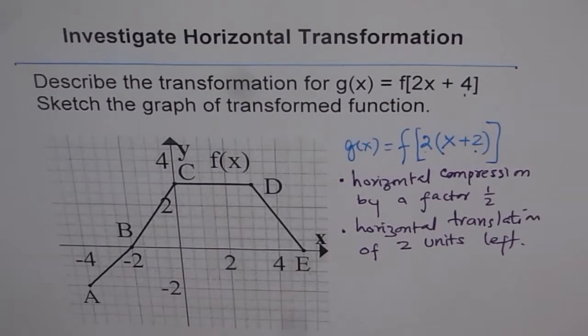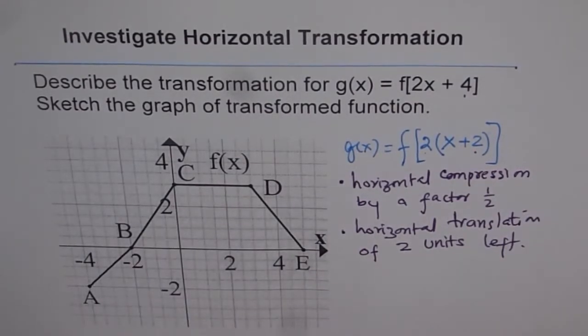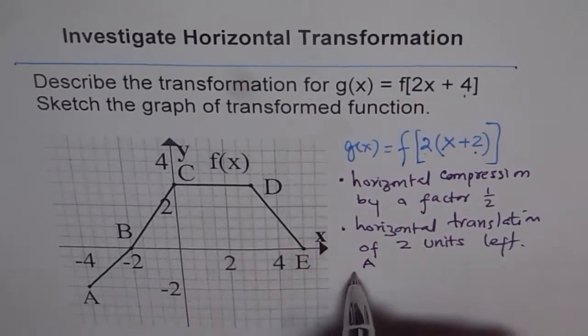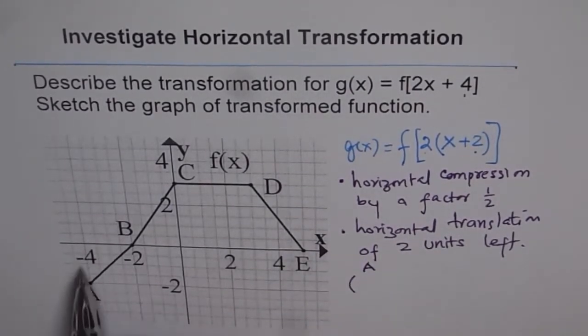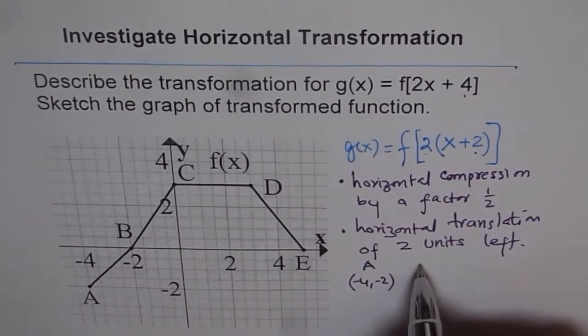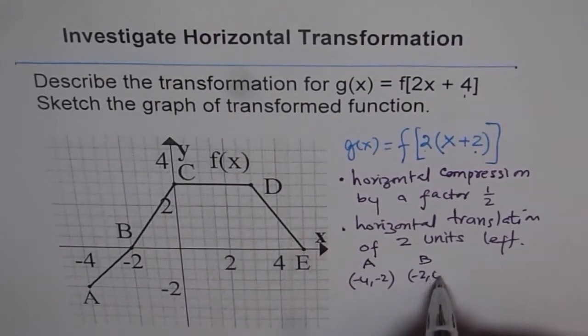The second part is how to draw it. You can adopt a couple of methods. One, which is good enough, is to write down the coordinates of each and every point, right? So we have point A, which is (-4, -2). Then we have point B, which is (-2, 0).